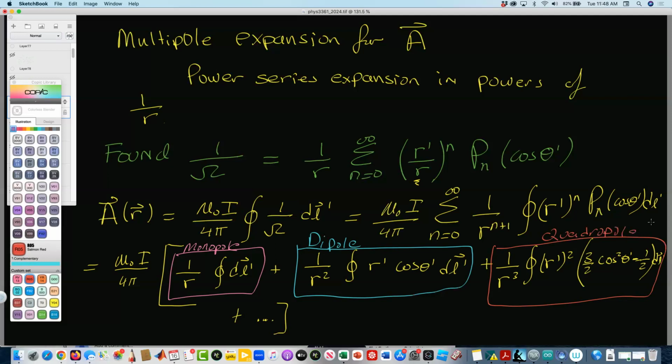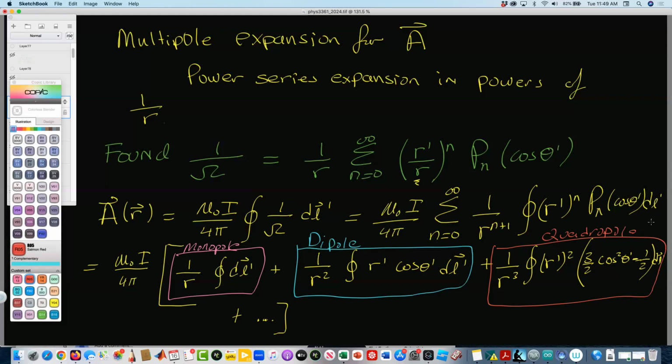Okay. Now, let's look at the monopole term. The monopole term is the integral around a loop of dl, a vector quantity. So if you go around a loop with dl, it starts out, let's say, in this direction. If you go all the way around, it comes right back to this direction. And it's 0.